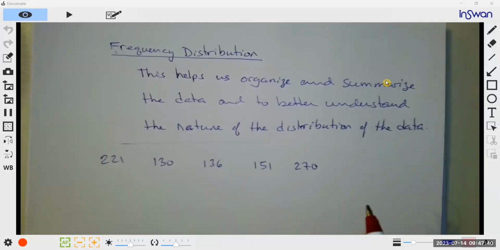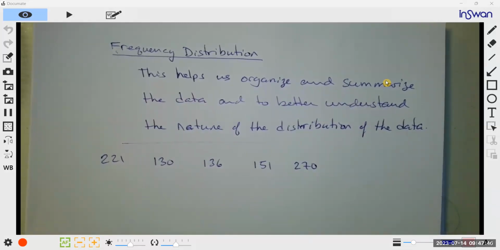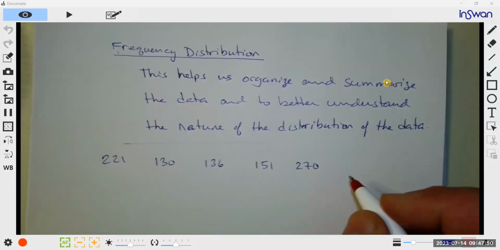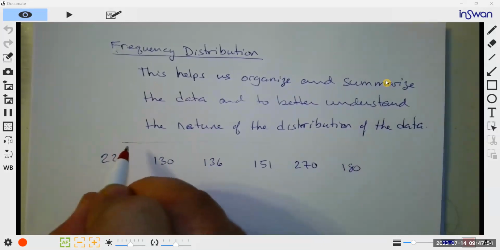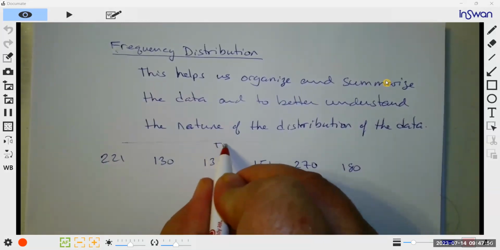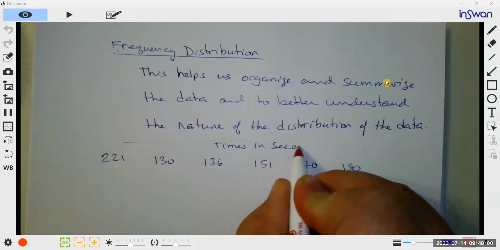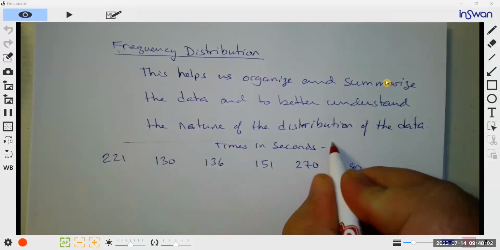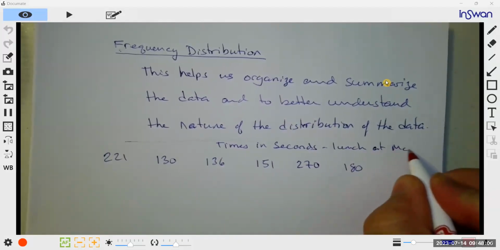The example they use in the book is, during lunchtime at a McDonald's, what is the amount of time until an order is received by the customer? So these are times in seconds of lunch at McDonald's.